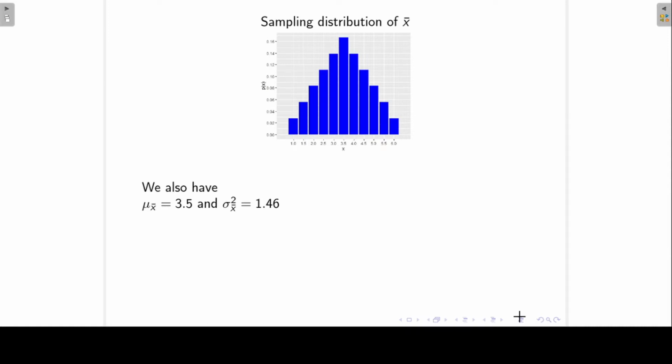And the variance of the sampling distribution is equal to 1.46, which is the same as the variance of the population divided by 2. So now we're going to take this example a little bit further, and we're going to repeat this empirically for different sample sizes.